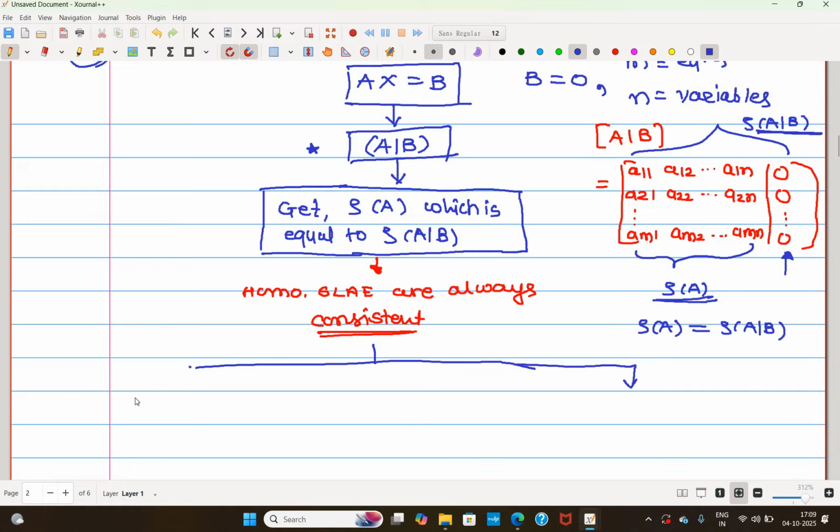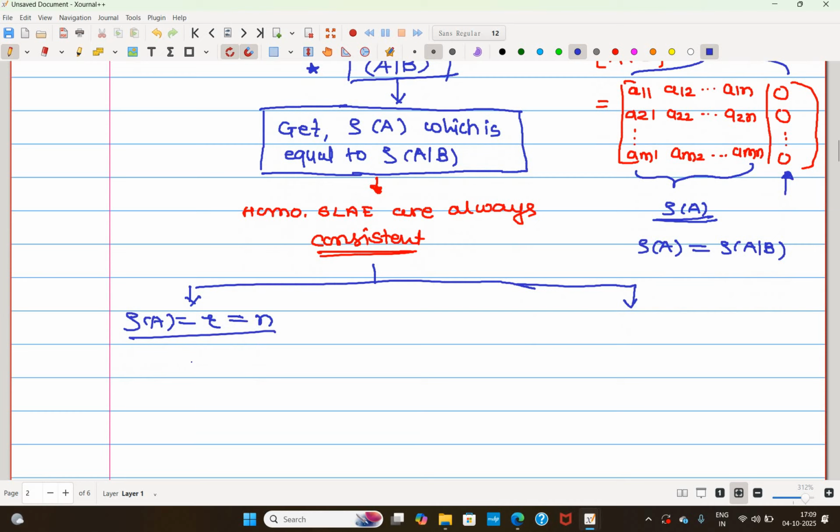Now if we know this fact, two possibilities here we may have. Ranks are equal, correct, and equal to R, and R is equal to n, correct. Then in this case, the system of linear algebraic equations has a unique solution.